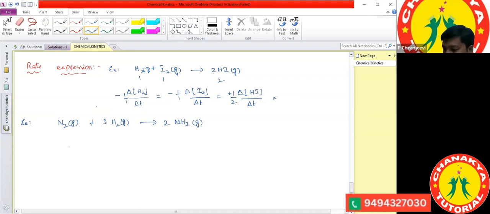What is the answer? Who was giving these answers? How can we write the rate expression?